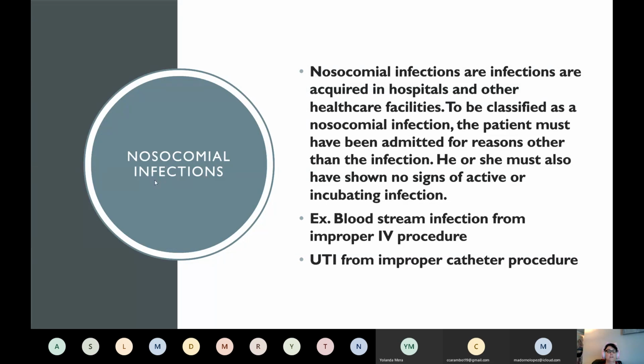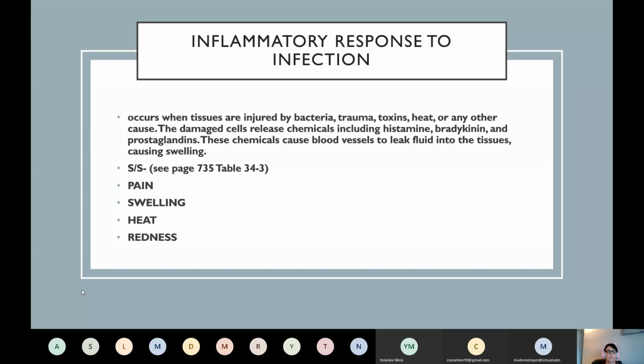Nosocomial infections are so rampant in nursing homes, and it's because of lack of care, abuse, neglect. And so that's something that we do see fairly often in nursing homes, long term care facilities, that sort of stuff. All right, so we're going to move on.